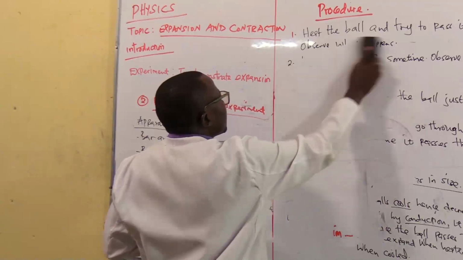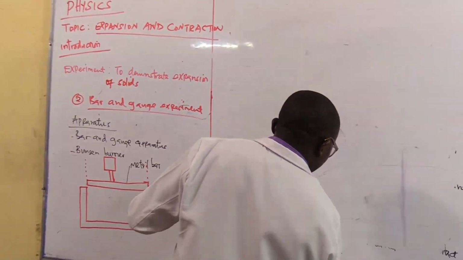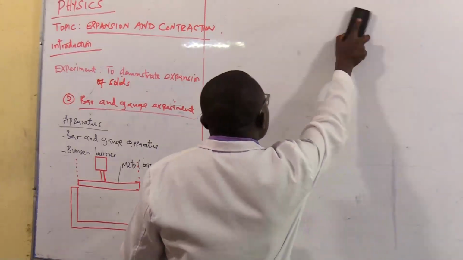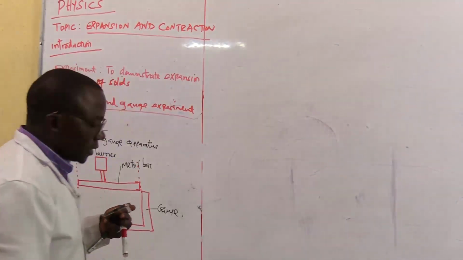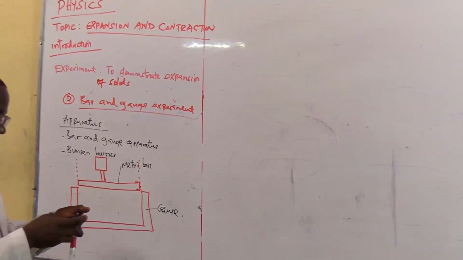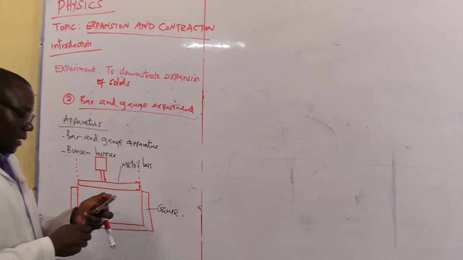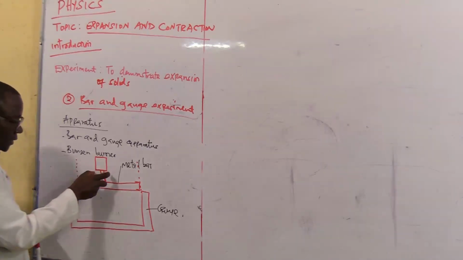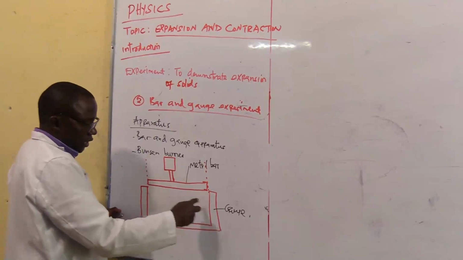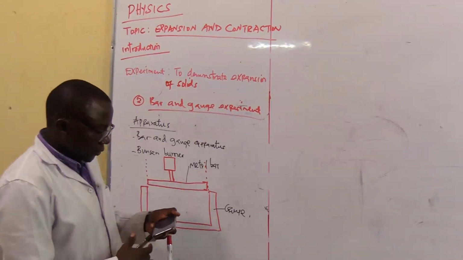So what is the procedure? The procedure is that at room temperature, the bar is supposed to just fit in between the gauge. That is what you're supposed to do.